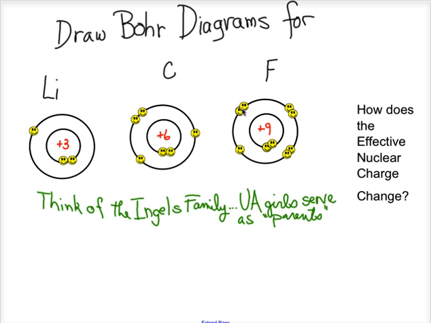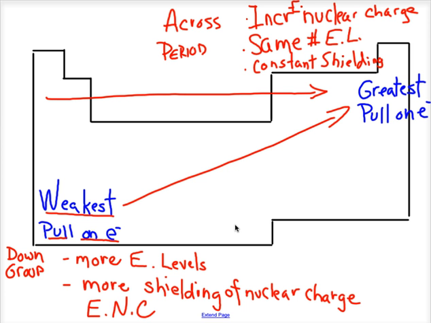So it has a greater ability to pull on these outer electrons. So what happens to the effective nuclear charge going across the period? It increases. So in summary, if you look at the next slide, you see that the greatest pull is at the top right and the weakest pull on the electrons in the lower left.